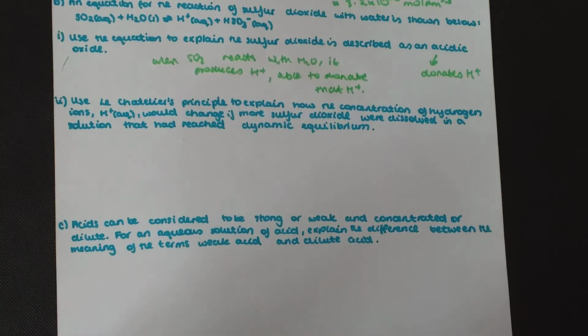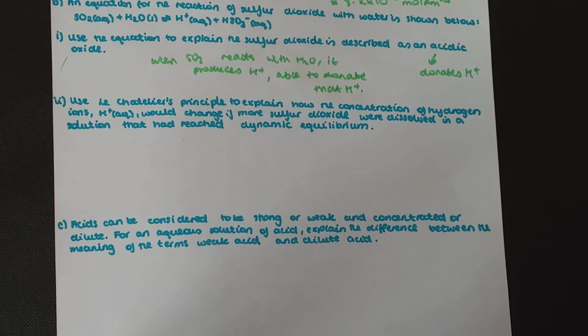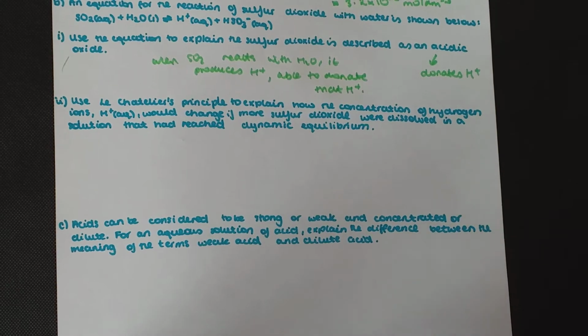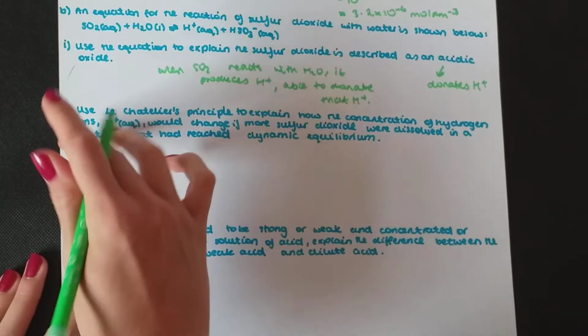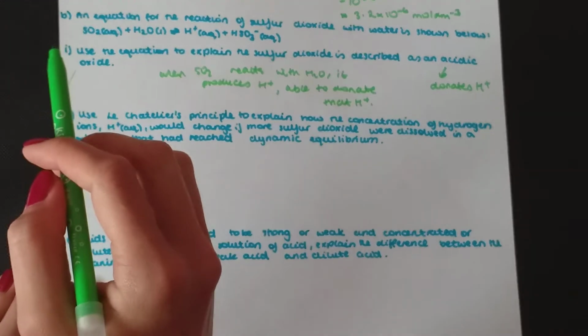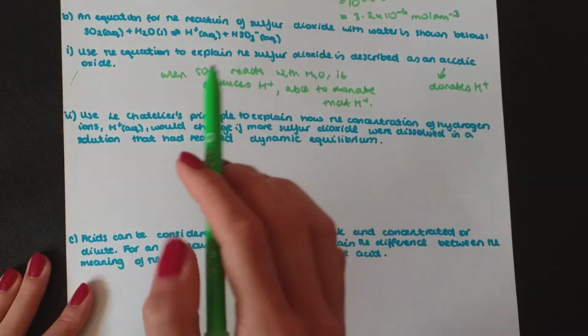Now we have to use Le Chatelier's principle to explain how the concentration of hydrogen ions, H+ aqueous, would change if more sulfur dioxide were dissolved in a solution that had reached dynamic equilibrium. So when we add more sulfur dioxide, we'll get more H+.